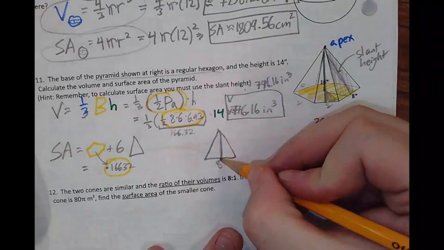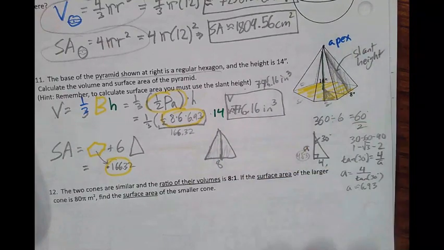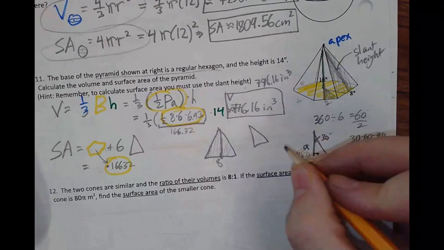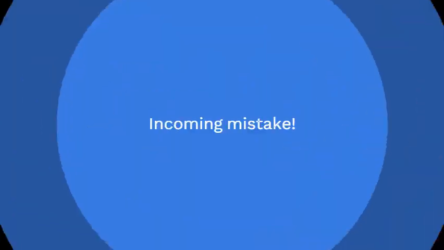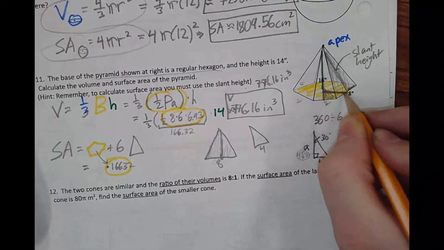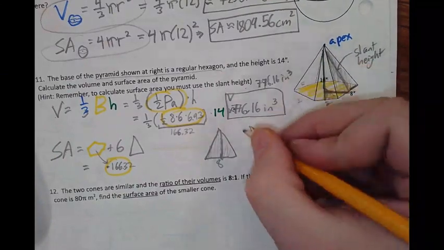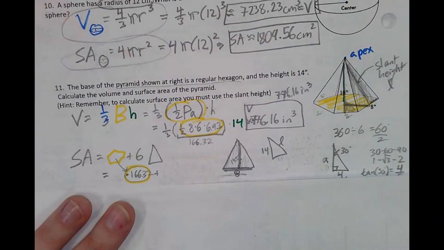So to figure out the height here, we need to create a right triangle. Half of it is 4. So I'll draw it right here, actually. Half of it is 4. The height is 14, and the slant height is right there.